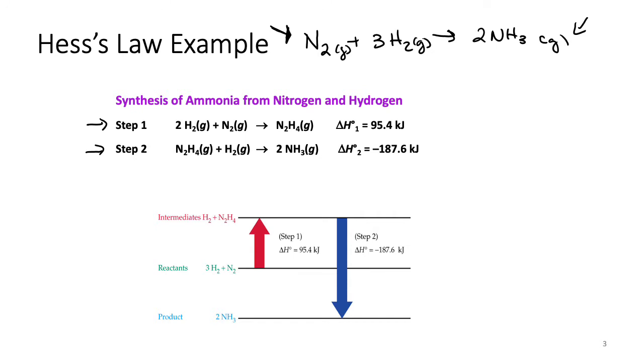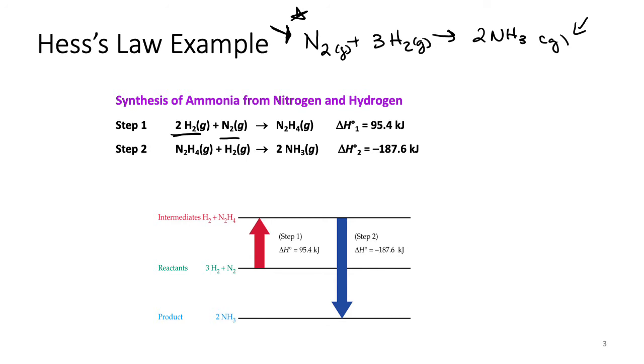So here is how you look at this. You look at step 1, and step 1 has 2 hydrogens and 1 nitrogen. So you look at the equation you have to match. You have 1 nitrogen, you're like, success. You also have 3 hydrogens, you're like, oh no, I only have 2. But for right now, we take what we can get.